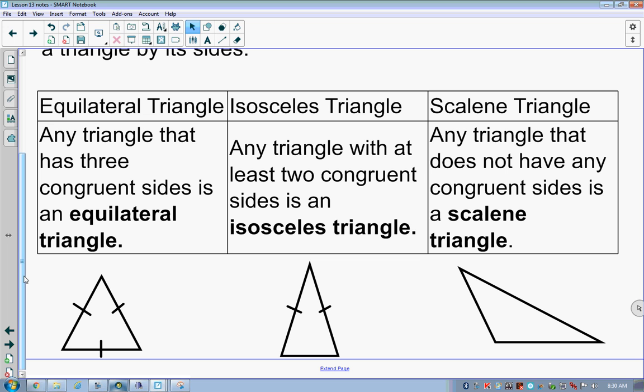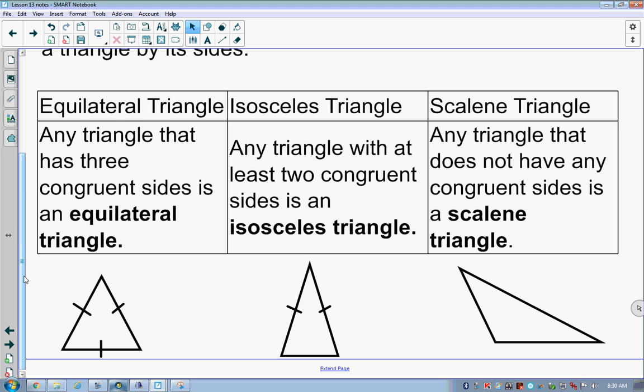A right triangle is being classified by its angle. What are you asking? A right triangle can be isosceles, but it's not always isosceles. I mean, a right triangle can be scalene, all three sides being different lengths.